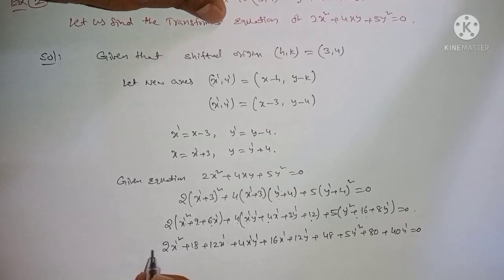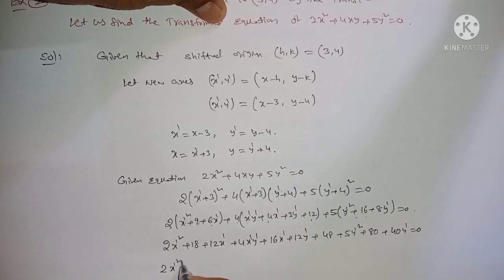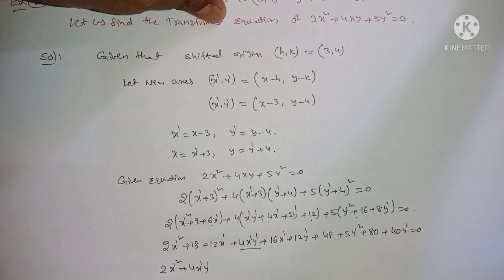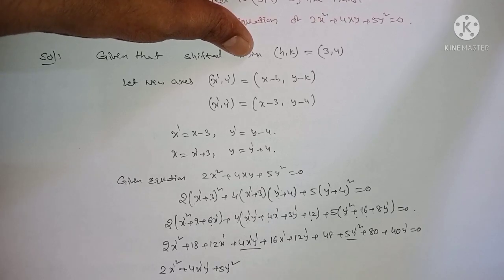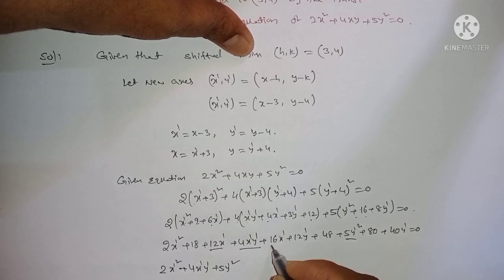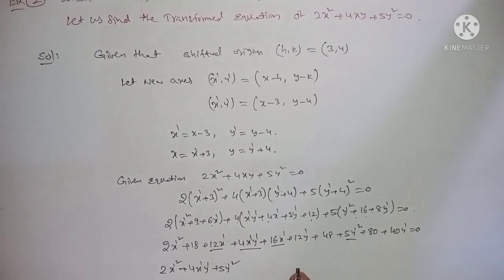Next, first you can write here (2x - 2)² as it is. Next, (4x - y - 1)... and next one is the y² term, that is (5y - 1)², and next the x terms. What are the x terms? 12 and 16. How much is that? 28.